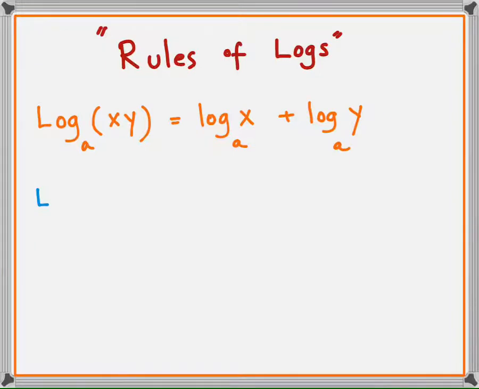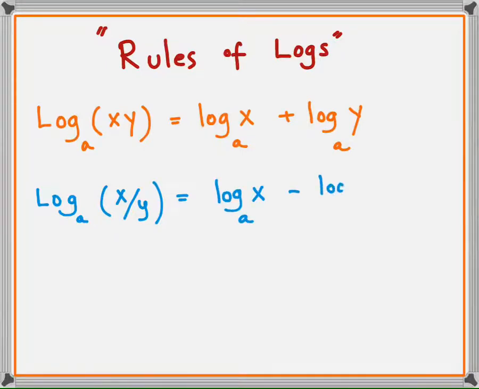Of course, we are working at the same base. Log x over y base a. If multiplication gives rise to addition, division, what do you think it will give rise to? Subtraction. So log x base a minus log y base a.